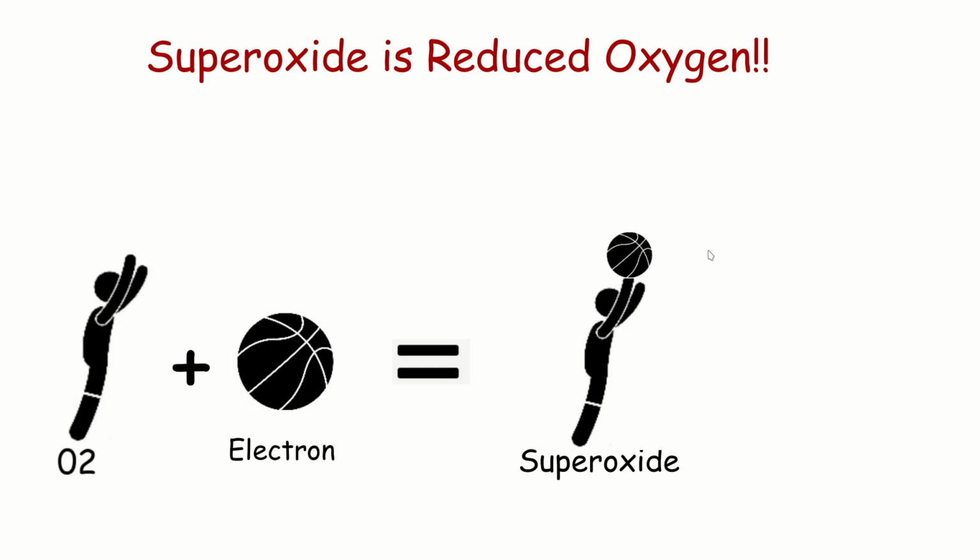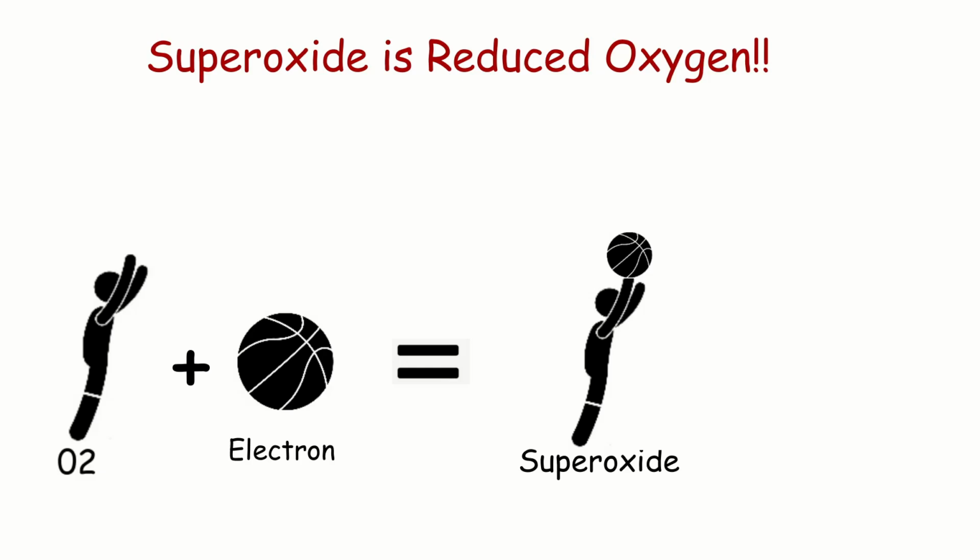But the take-home message here is that superoxide is reduced oxygen. Oxygen is there collecting all of the extra electrons that are rebounding out of complex 1 because there's too much NADH trying to shove electrons through it all at once.